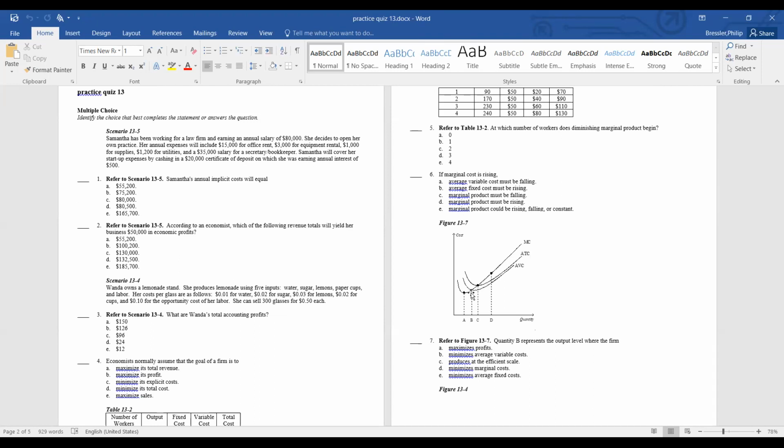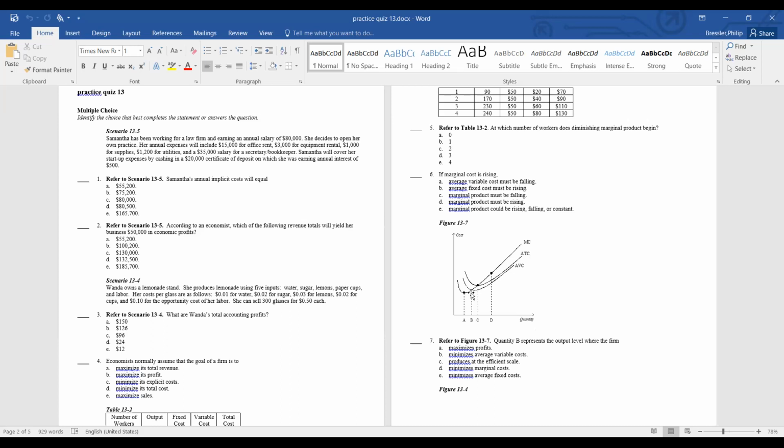You have the mid-level: output increases, ATC stays the same. And then the third level: output goes up, ATC goes up.